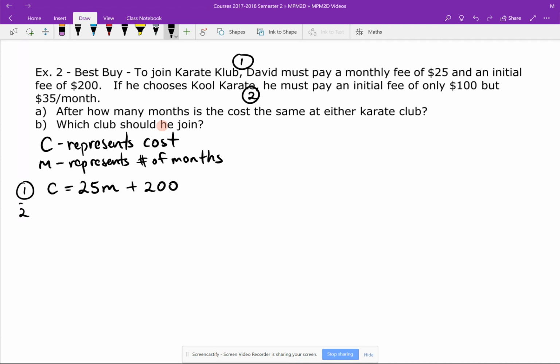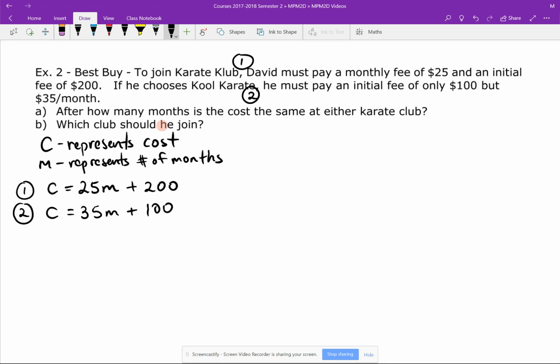And Cool Karate, number two, is going to have a cost of $35 a month, a more expensive rate, but an initial fee of only 100. Okay, so far that's what we have. I wrote the equations this way because it looks like I have something that's lined up. They are stacked on top of each other.